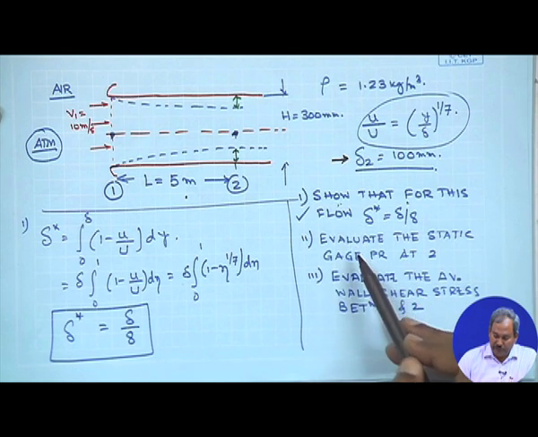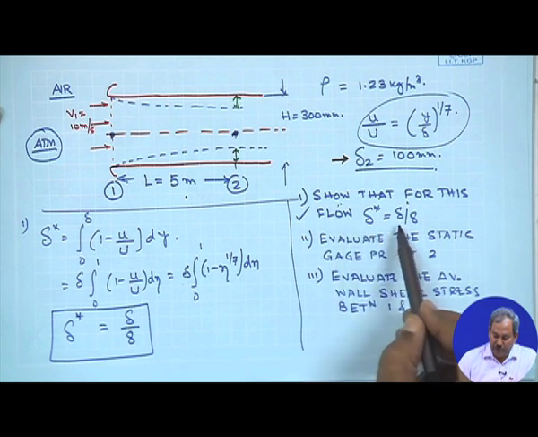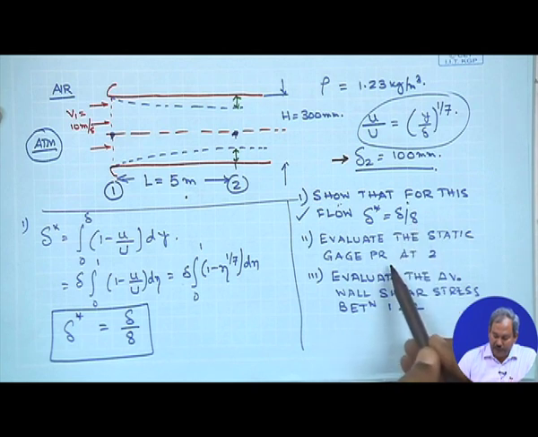So the three things that we have to calculate are, first, show that delta star is equal to delta by 8; second, evaluate the static gauge pressure at location 2; and finally, the average wall shear stress between 1 and 2.